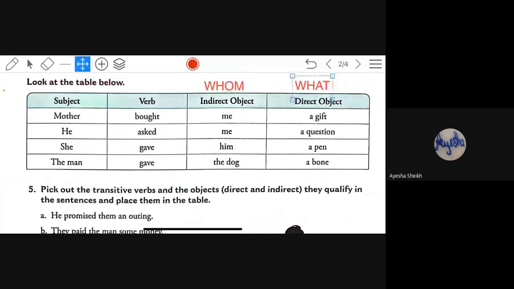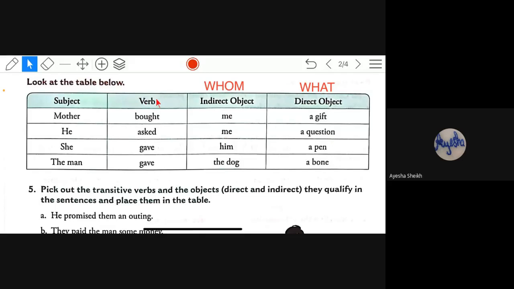Read this and tell me if you have any doubt in any of the sentences given in the table. You have to ask the question to the verbs. He asked what? A question. To whom did he ask? To me. Oh, indirect object.